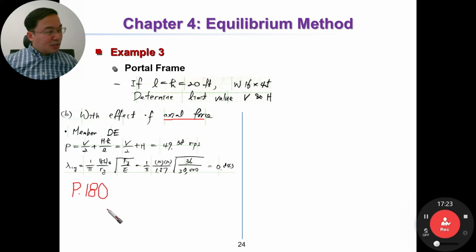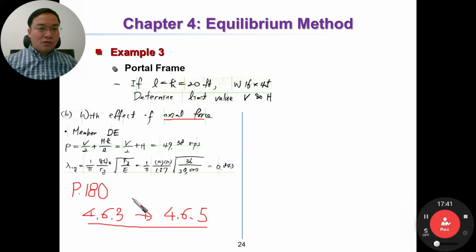And the equations from 4.6.3 to equation 4.6.5. Please check the textbook to understand why this equation is used for considering the effect of shear force, compression shear force under compression.